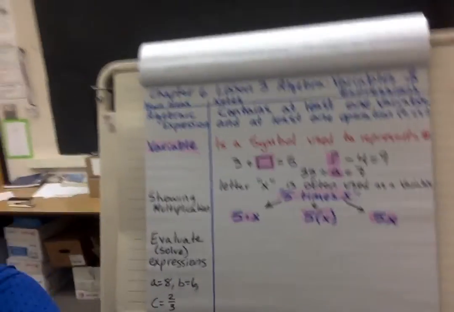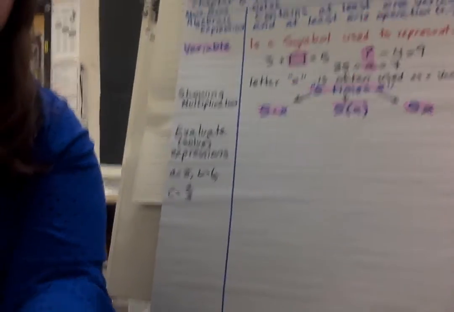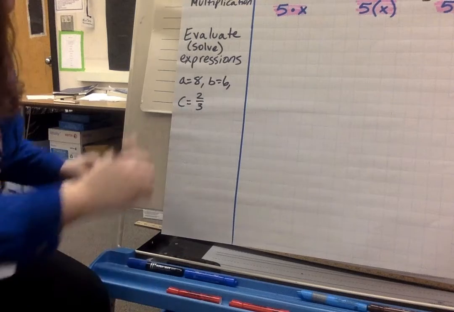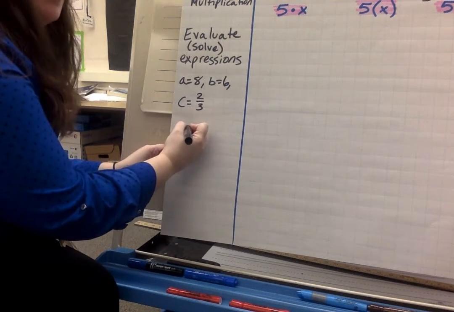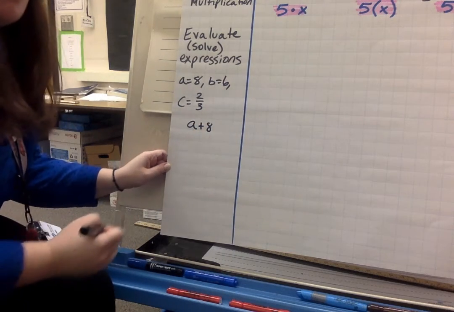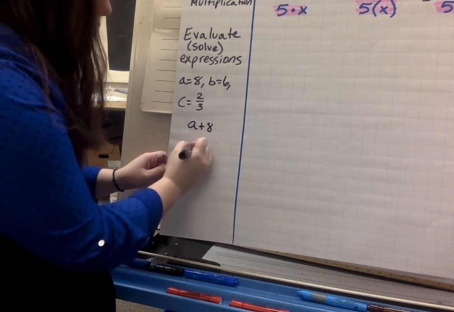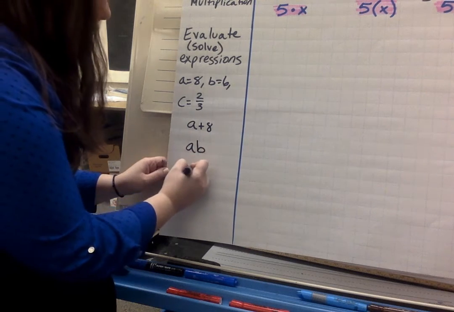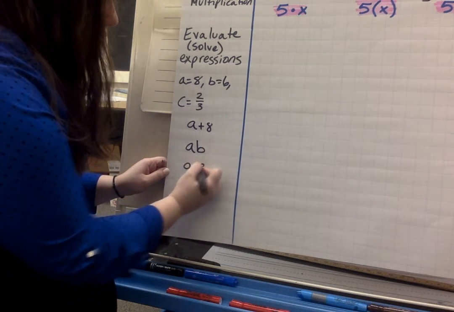I'm going to write the expressions down here. The expressions we're going to be solving are a plus 8, a times b, and 9c squared.